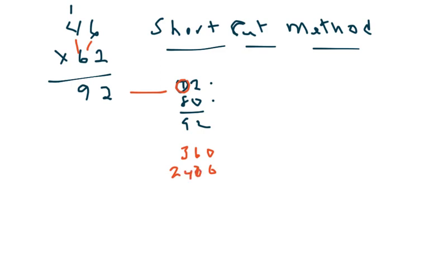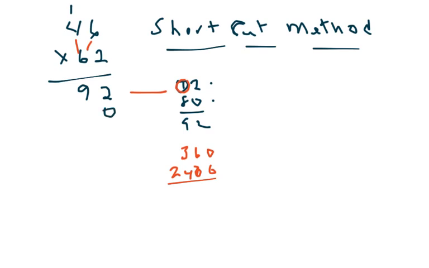Now watch how I do this time, and you'll see that these two are done together. This is the 6 tens I'm multiplying by, so I am going to put down a 0 here because that's a 10.